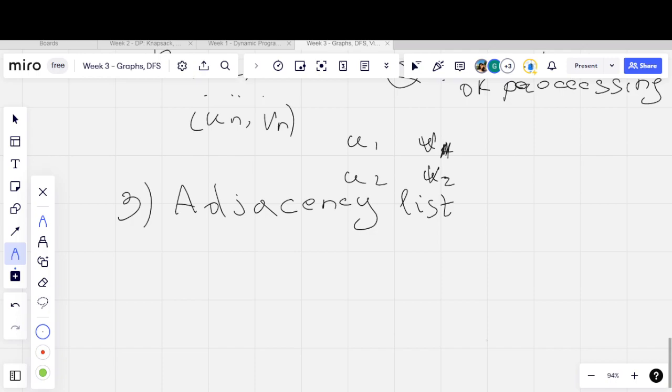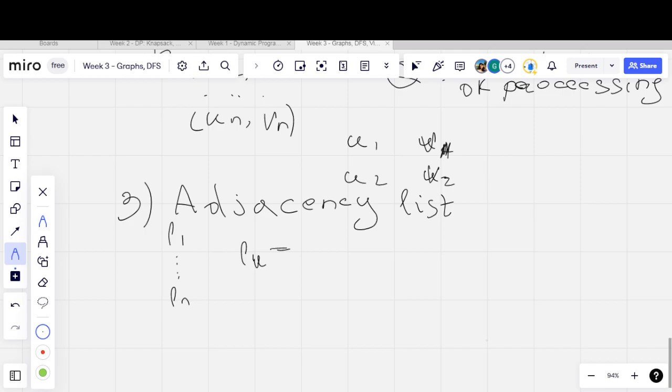Adjacency list. What is this? We contain a list of vertices, and what does this mean? No, not a list of vertices.